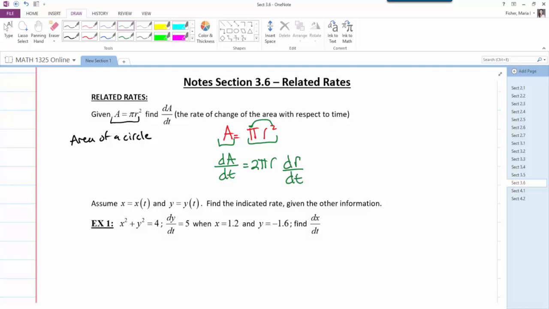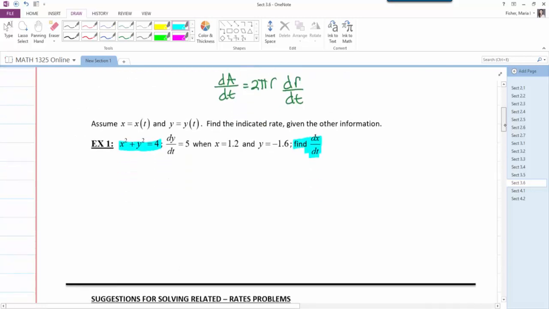So let's look at example 1. Assume x equals x of t and y equals y of t. So x is a function where the input is time and y is a function where the input is time. Find the indicated rate given the other information. In order to find dx/dt, I first need to find the derivative of the given equation with respect to time.